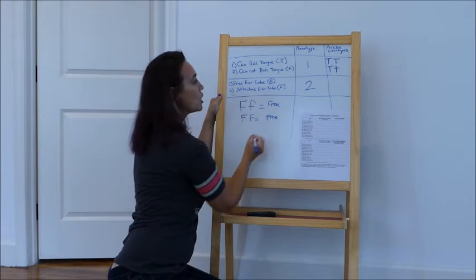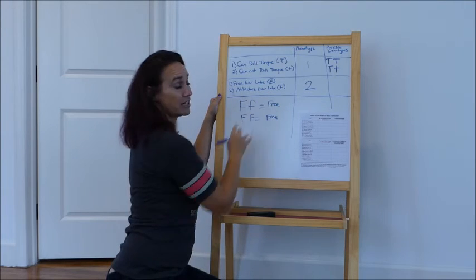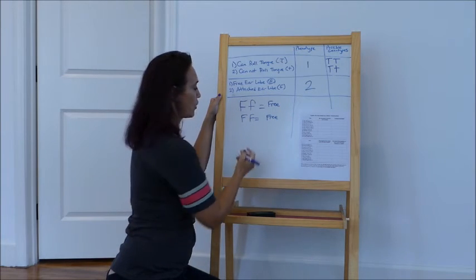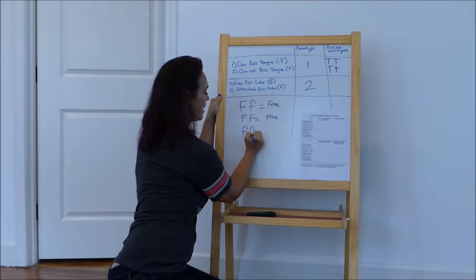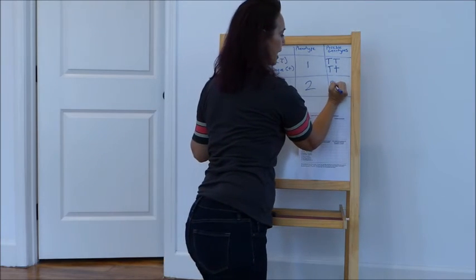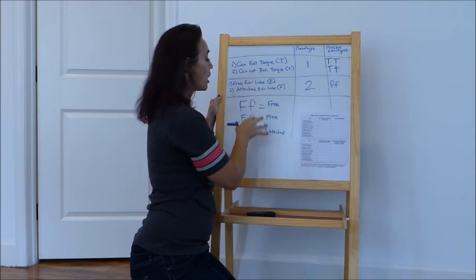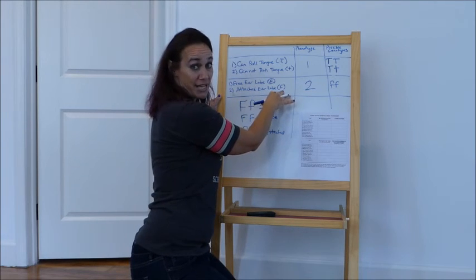So the only combination left for me to have, if I have an attached earlobe that is a recessive trait, is lowercase f, lowercase f. That is attached. Okay? So that is my genotype. There's only 1 possible genotype for this trait if I am recessive.